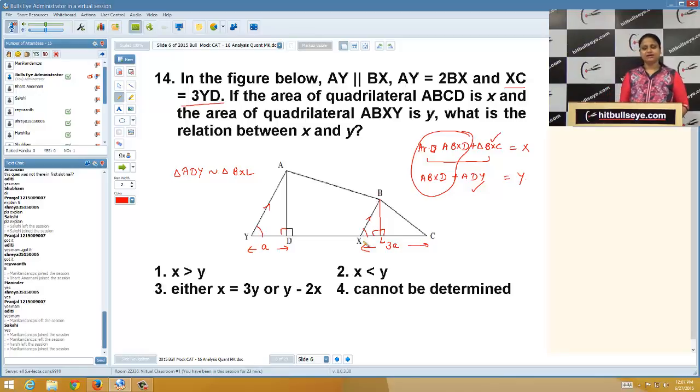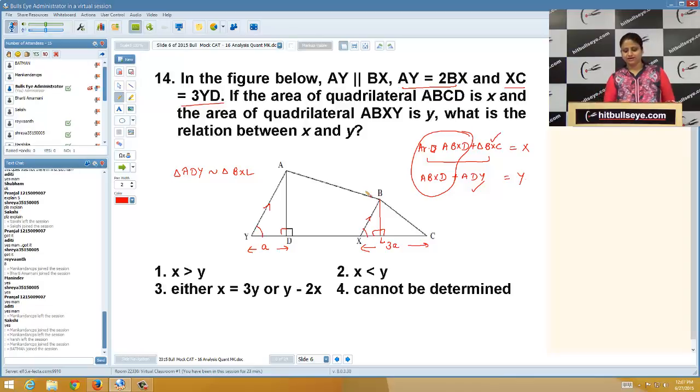Automatically the third angle will become the same, because the total of angles in any triangle is 180 degrees. So by using the AA axiom, we can say that these two triangles are similar. If these two triangles are similar, and AY is twice of BX, so in triangle AYD, everything will be double that of triangle BXL. So if I take this height as h, this will be twice of h.